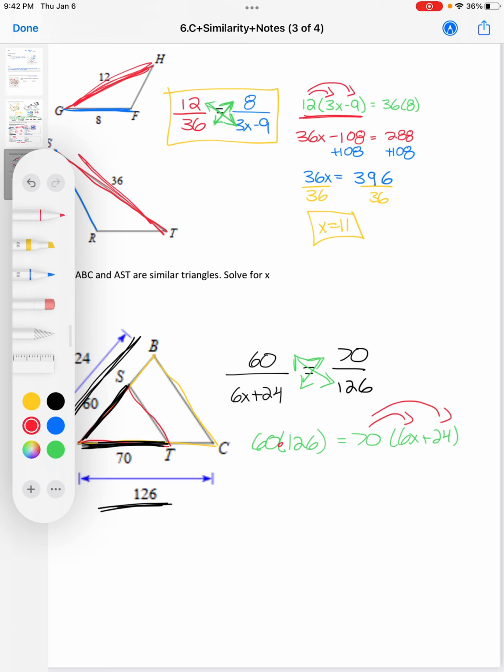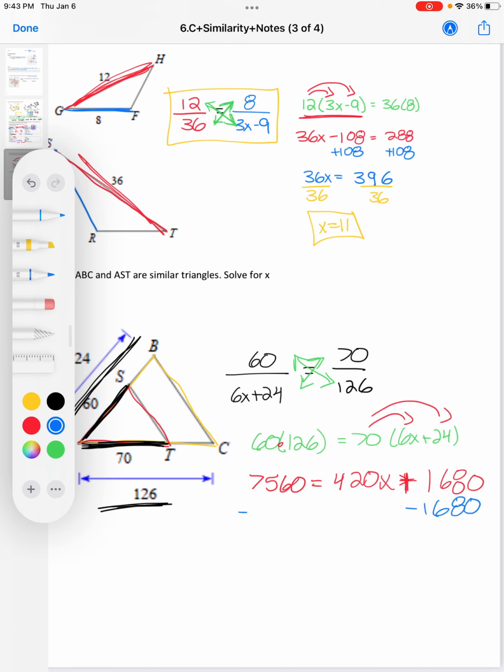And then if we do the other side, we have to do 70 and we have to times 6 to give us 420x. And then we go 70 times 24, which gives us 1,680. So now we got to keep solving for x, get x by itself.